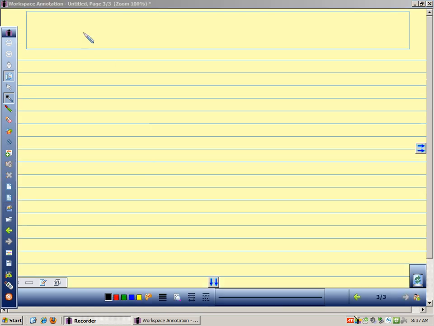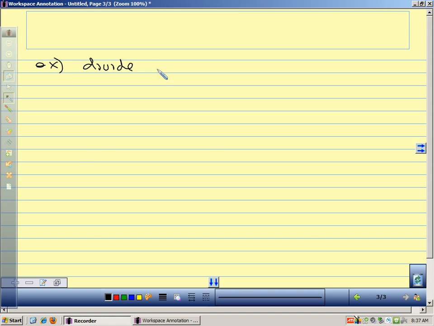So here's our example. We want to divide 3x to the third minus x squared plus 2x minus 3 by x minus 2.